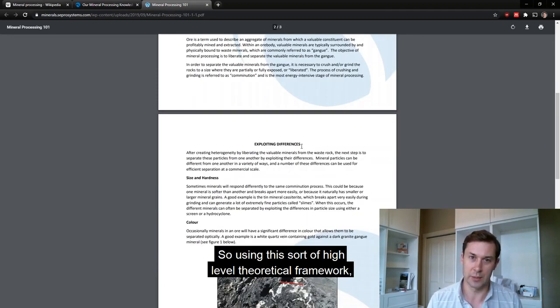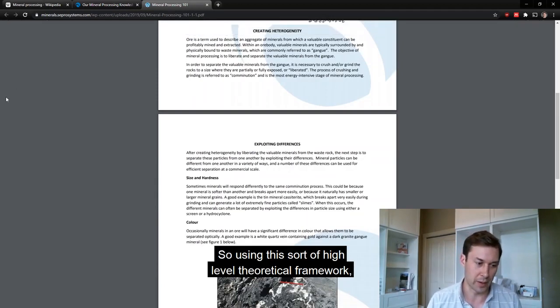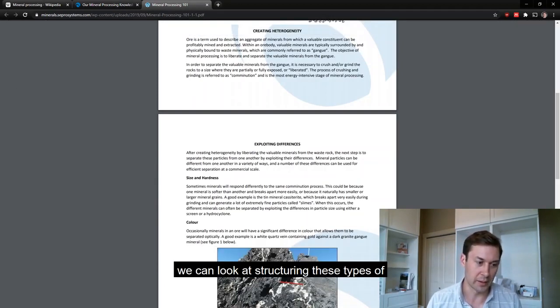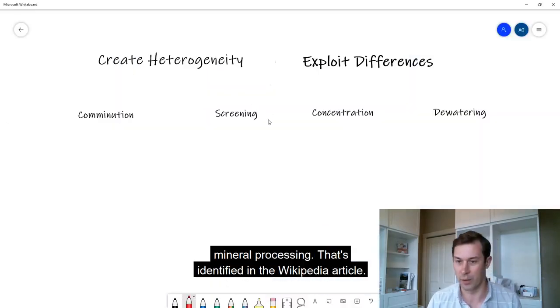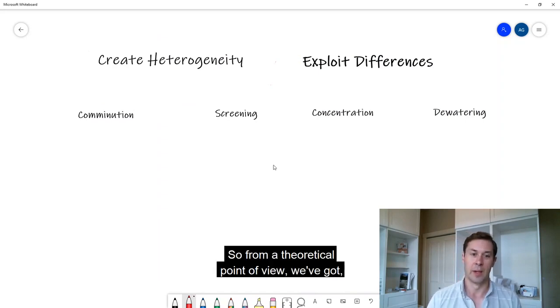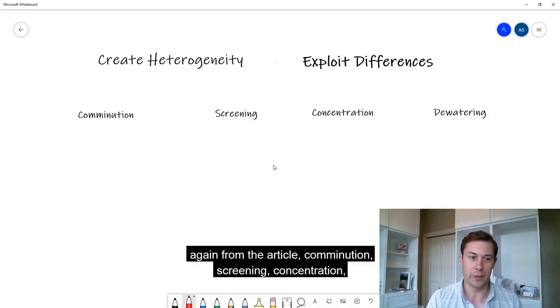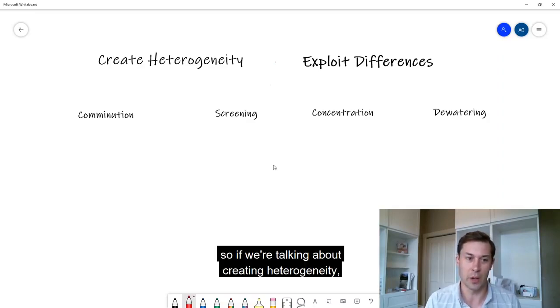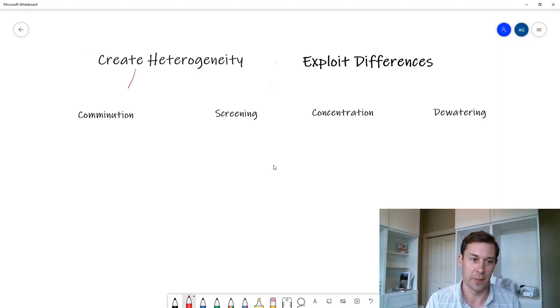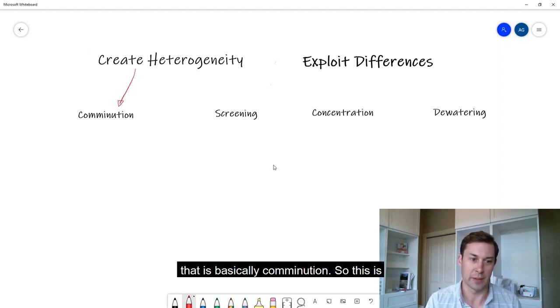So using this sort of high-level theoretical framework, we can look at structuring these types of mineral processing that's identified in the Wikipedia article. So from a theoretical point of view, we've got, again from the article, comminution, screening, concentration, and dewatering. So if we're talking about creating heterogeneity, that is basically comminution.